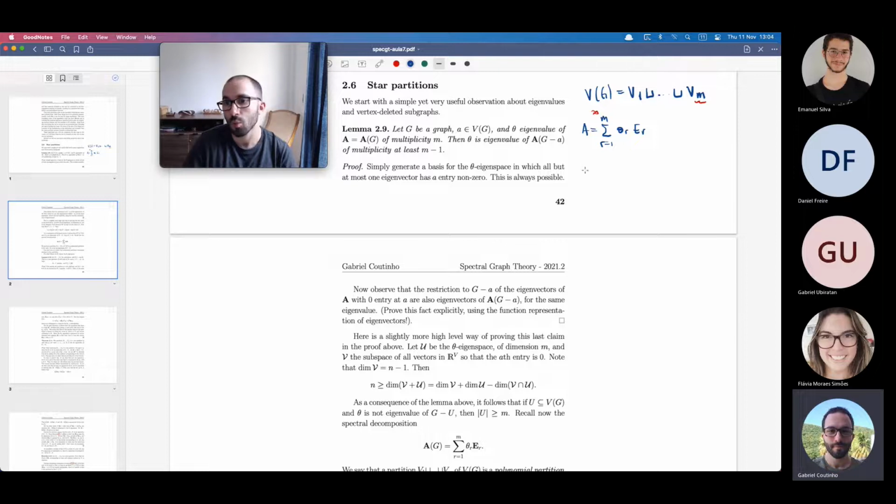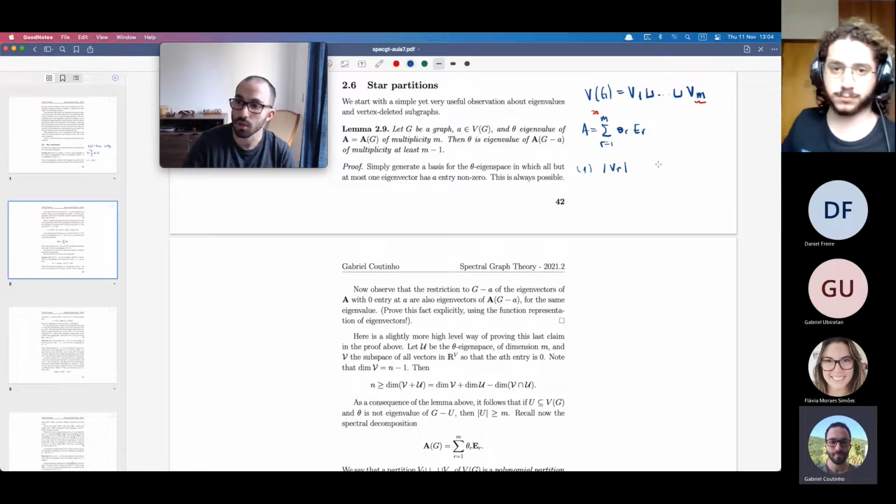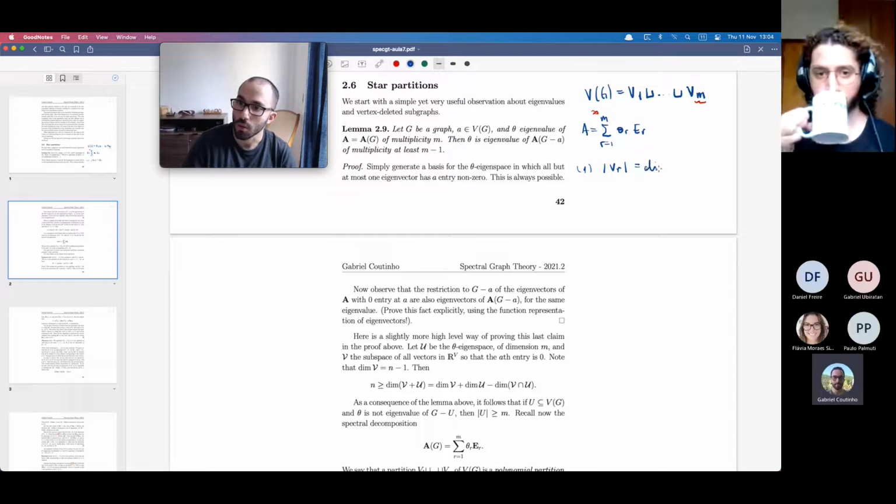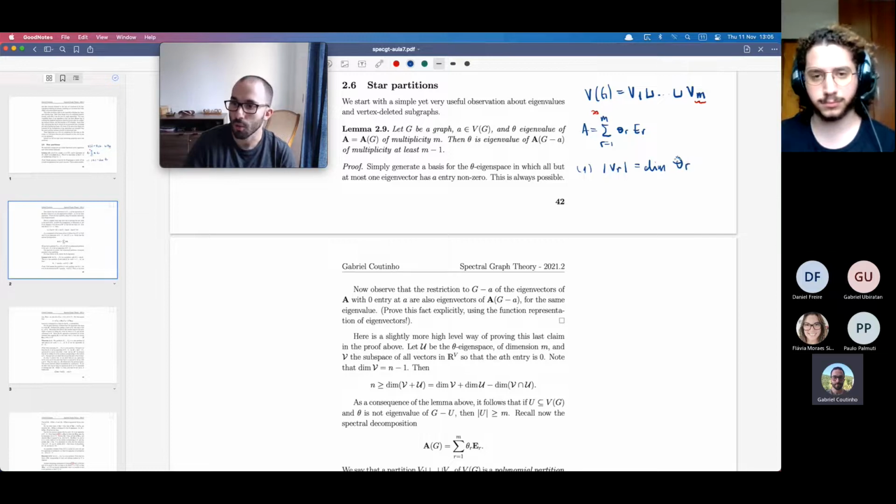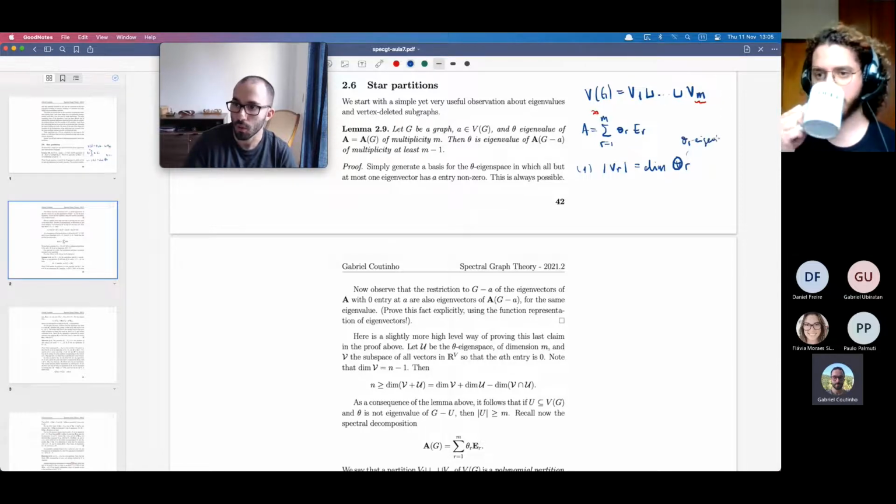And not only that, well, the first thing that I need is that the size of each one of those vertex sets be equal to the dimension of the theta r eigenspace, which I will be denoting by this capital theta. All right, capital theta r. This is the little theta r eigenspace. Right.